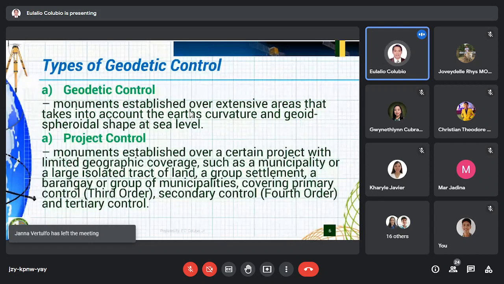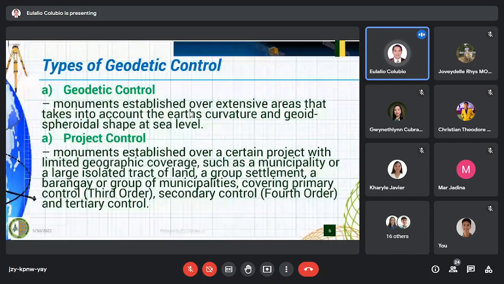So typically, you will see these project control monuments used for the boundaries of cities, municipalities, barangays, or provinces. Provincial boundary. And usually they are of lower order accuracy compared to geodetic control. Okay, so the geodetic control has higher accuracy, because the area of coverage is large.